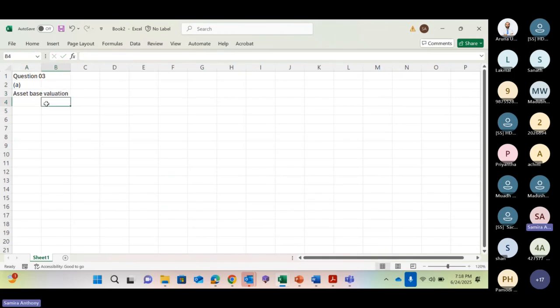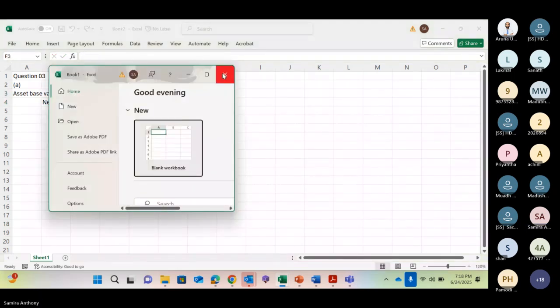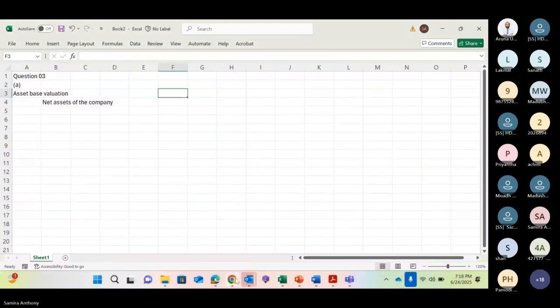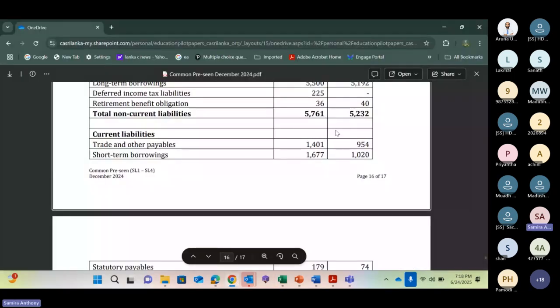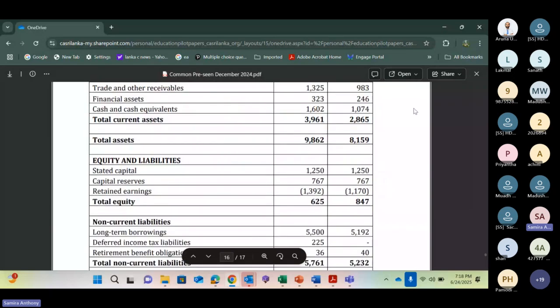Net assets of the company: take from here. The OSL balance sheet says their net assets are 625 million.